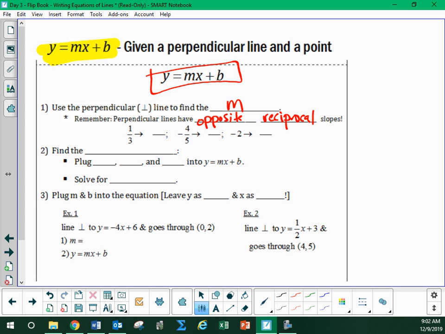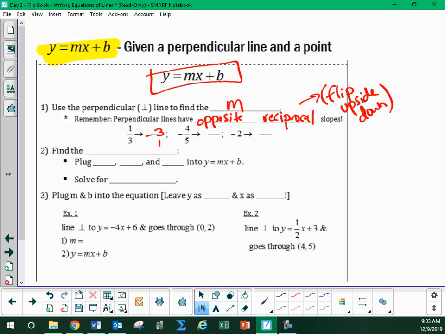Alright, so if they give us a slope of 1/3, opposite means I'm going to change the sign. So if it's positive, that means my perpendicular slope is negative. Reciprocal means I flip it. So let's go ahead and just put that upside down. It becomes 3/1, negative 3/1. So when we flip it, we have 3/1.